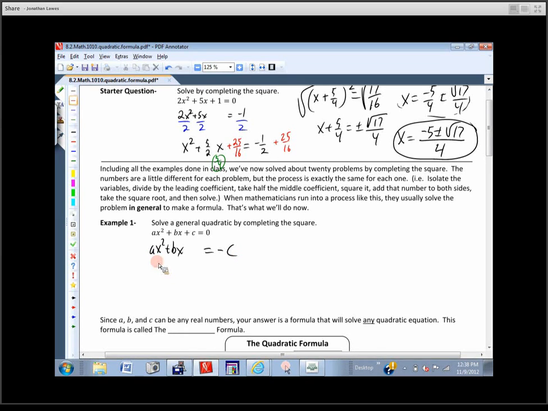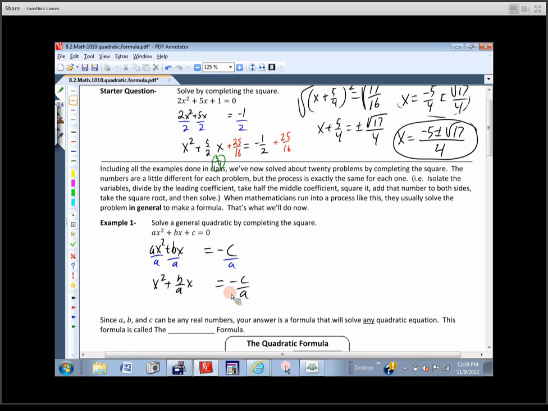I need it to be a 1x squared. So I'm going to divide everything by a. So I divide by a here, divide by a here, and divide by a there. And this is what I have now: x squared plus b over a x equals negative c over a. All I've done from the original problem to the step I'm at right now is just rearrange things.